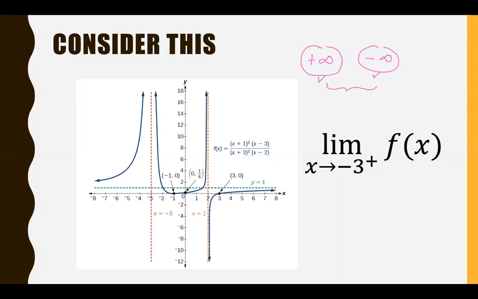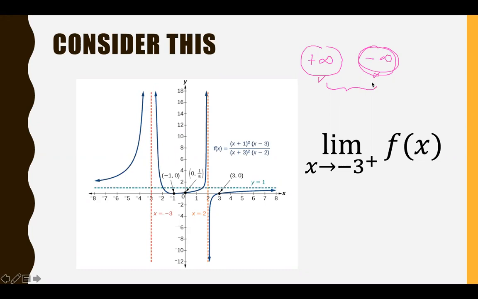It simply denotes that the answer, as it is approaching that specific number, is increasing. On the other hand, if you have negative infinity, that simply means that the answers for your y decrease indefinitely.